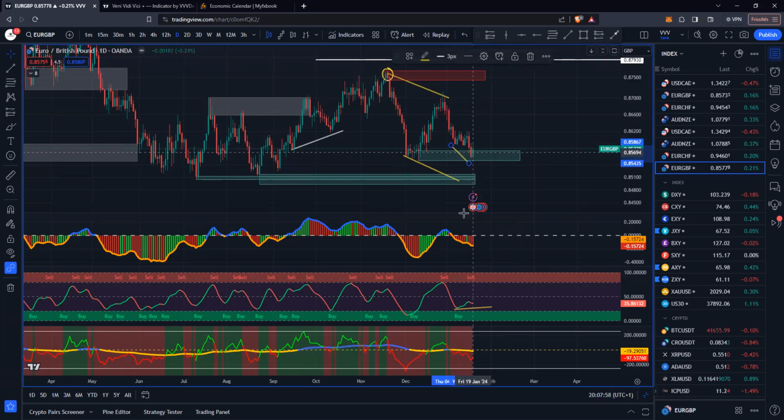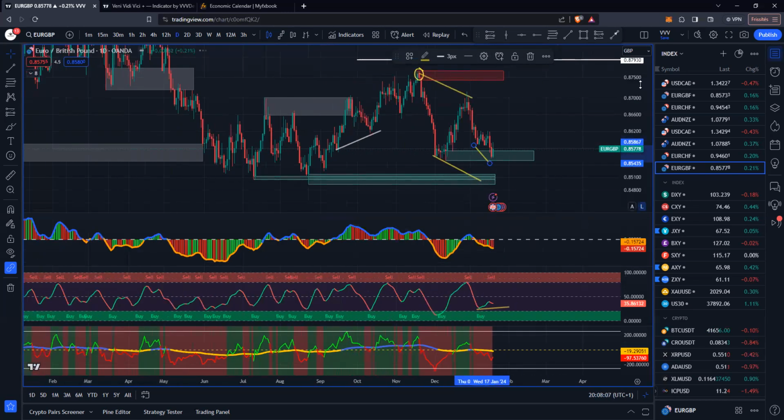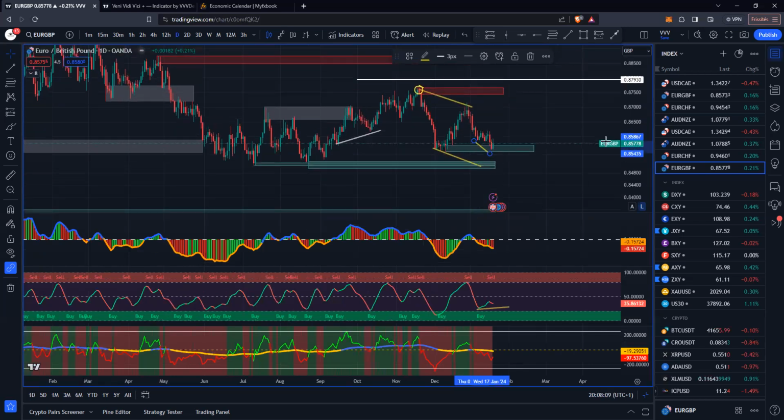Okay, if it forms, it could mean we're going to get a divergence, and this can slowly go to the upside. And after that, we could see something huge to the upside even.